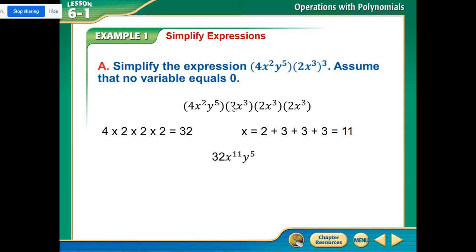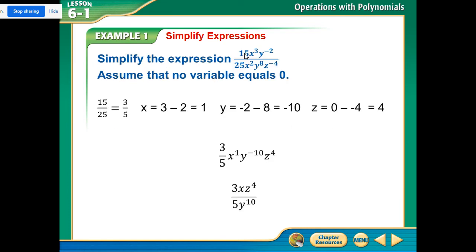Well, all the numbers in front get multiplied together. 4 times 2 times 2 times 2 is 32. And then the variables we have x squared, x cubed, x cubed, x cubed. So 2 plus 3 plus 3 plus 3 is 11. We only have that one y, so we don't have anything to do with it. Now putting it together, 32x to the 11th, y to the 5th. No negatives, no fractions. We're good. That's as far as we need to go.